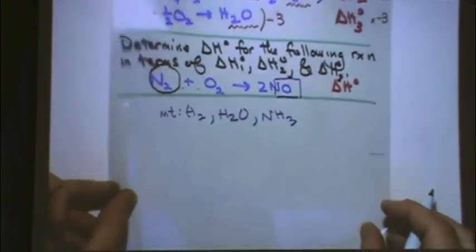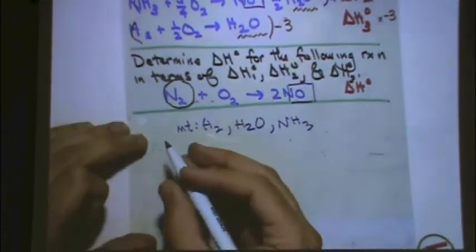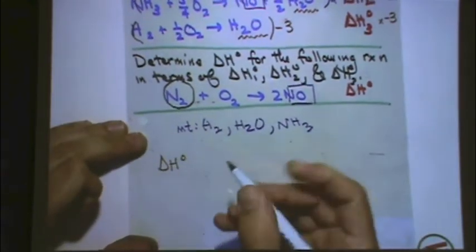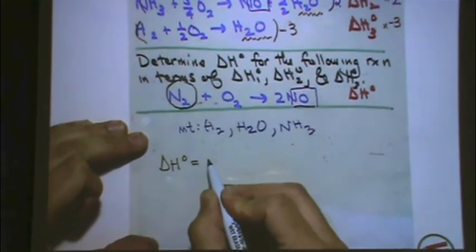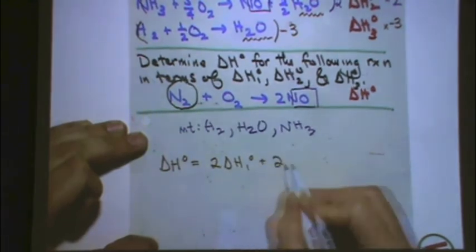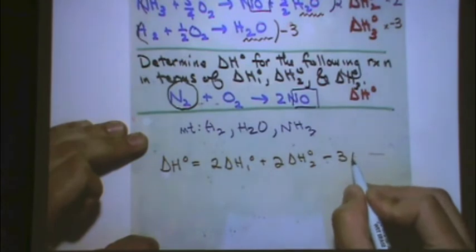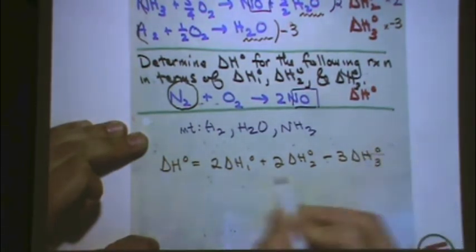Thus, my final answer now, because everything has a multiplier, is delta H for the overall reaction is 2 times delta H1 plus 2 times delta H2 minus 3 times delta H3.